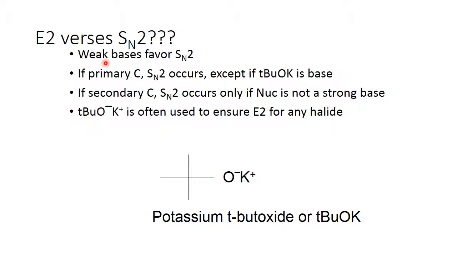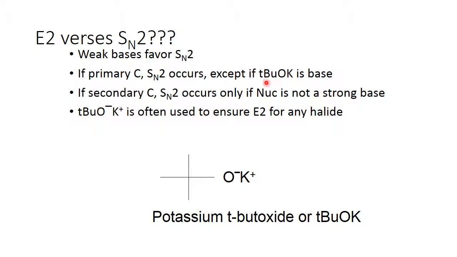But if it's a weak base, it's going to be pretty weak at pulling a proton off, and instead it's going to favor the nucleophilic attack. So if you have a primary carbon, SN2 is very fast. And even if it's a strong base, SN2 is so fast, you usually have the SN2 reaction predominate.